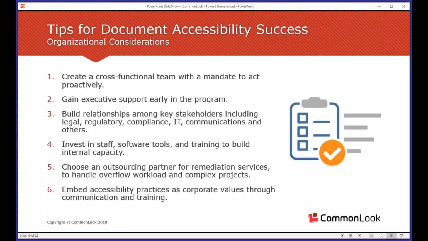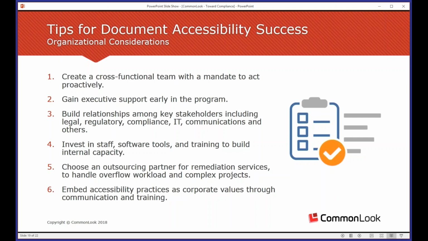So from a high-level approach, here are some tips for your organization and the people in it. Create a team so you don't have to fight this fight or learn everything by yourself. Get the bosses on board early so that they know it's important, why it's important, and so that when decisions, perhaps cuts, have to be made further down the line, accessibility maintains its importance and its place.